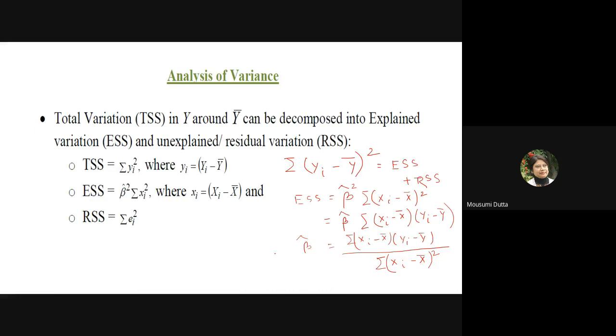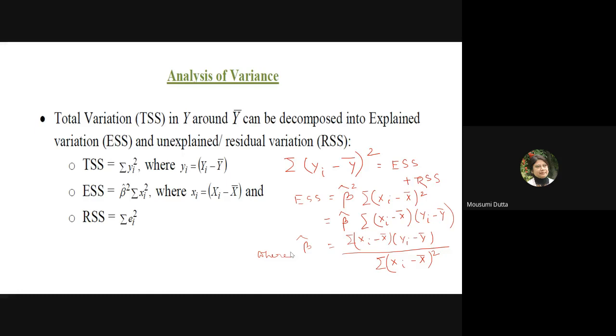Okay. So ESS is given by this part. It comes from the explanatory variables. It can be either presented by beta hat square summation xi minus x bar whole square, or it can be presented as beta hat into summation xi minus x bar into y minus y bar, similar things.